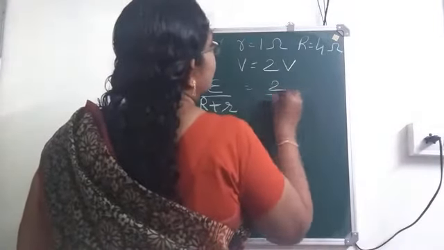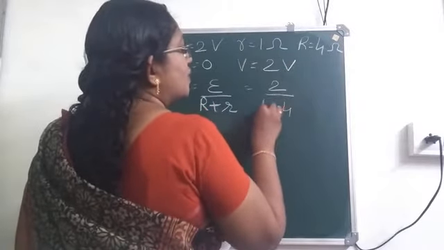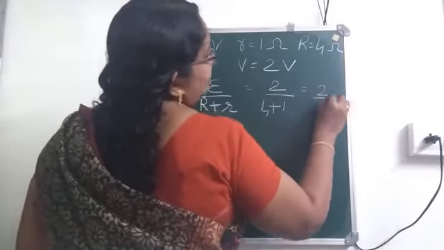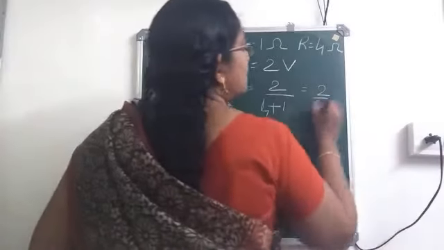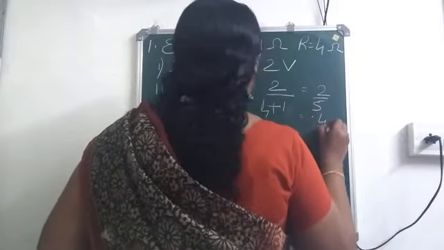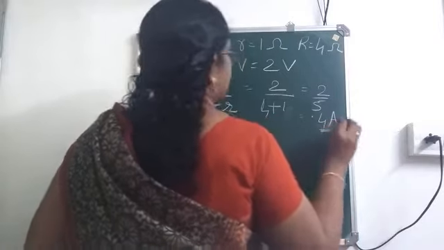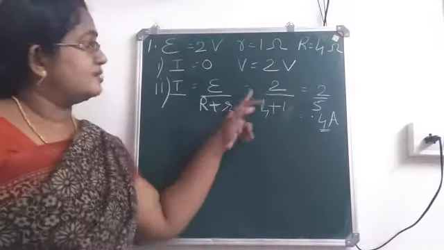So it is 2 by 1 plus 4. Capital R is 4, this is 1. So 2 divided by 5, which is equal to how much? 0.4 ampere. Okay, 0.4 ampere is the current flowing through the circuit.